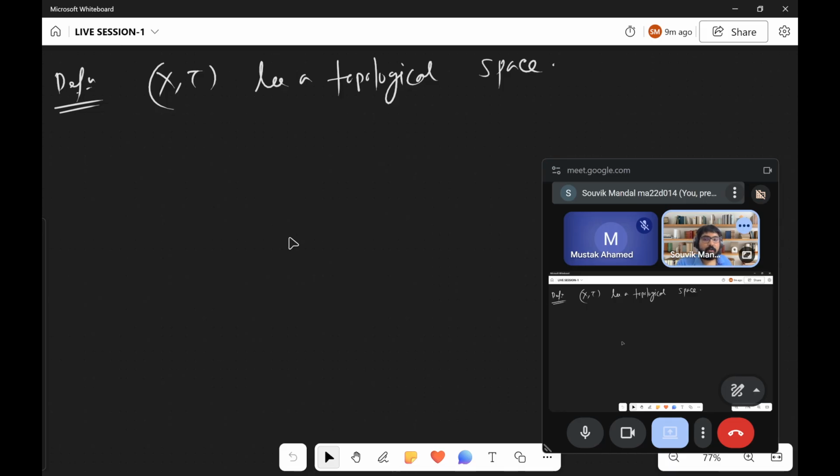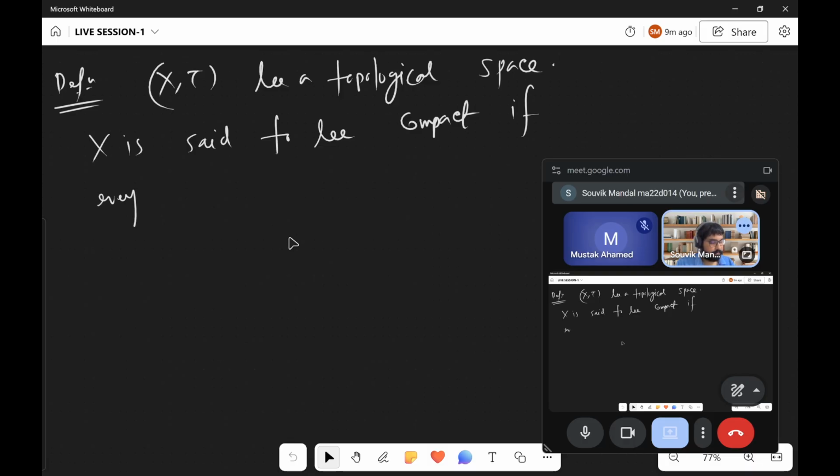Then X is said to be compact if every open cover has a finite subcover.